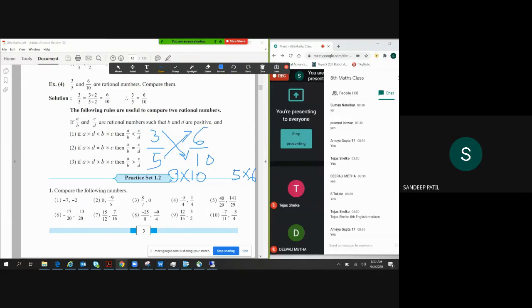Order is very important. In which order you are taking: first 3, then you have to take 10. So 30 and this is 30. So both are equal, right? This is the way we have learned how to compare two rational numbers, using cross multiplication.